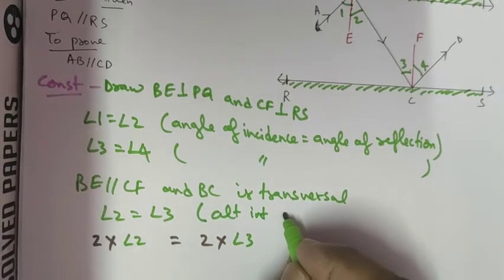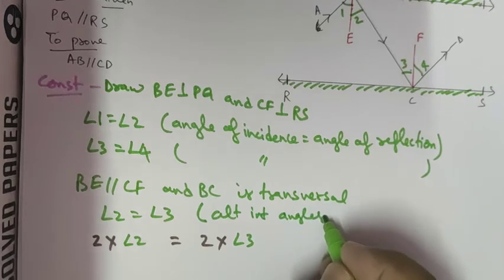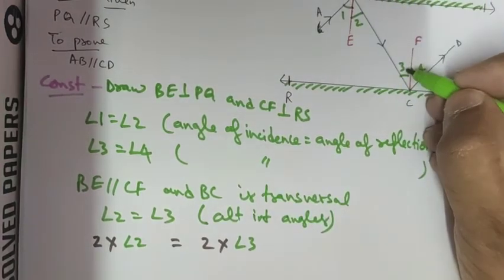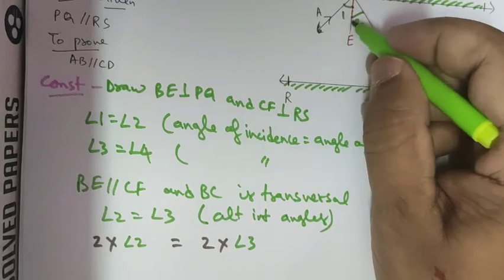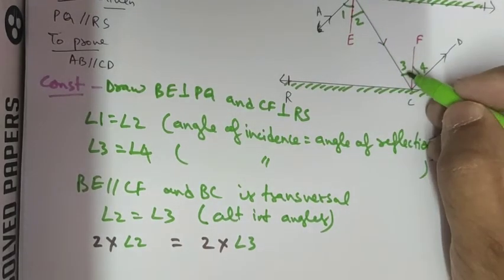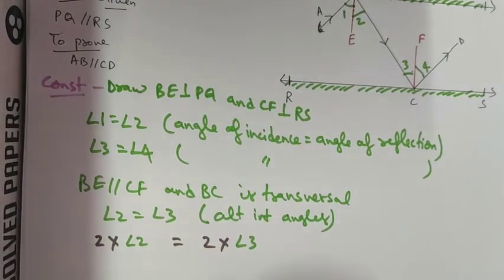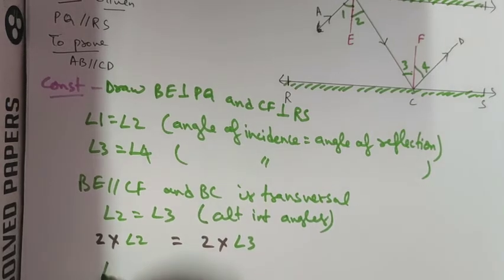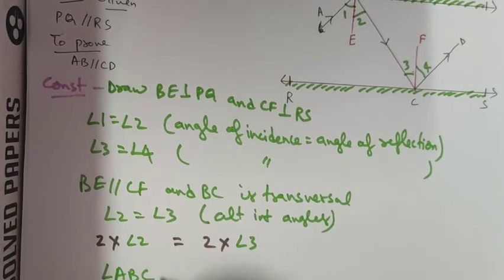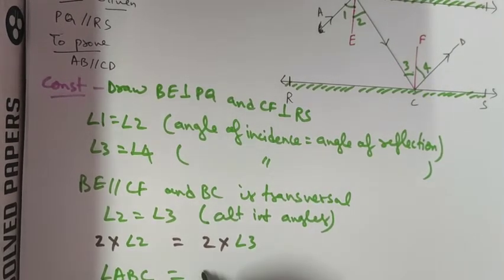Alternate interior angles. Now, if angle 2 and angle 3 are equal, we can say that double of angle 2 will be equal to double of angle 3. Double of angle 2 is what? Angle ABC, and double of angle 3 is angle BCD.